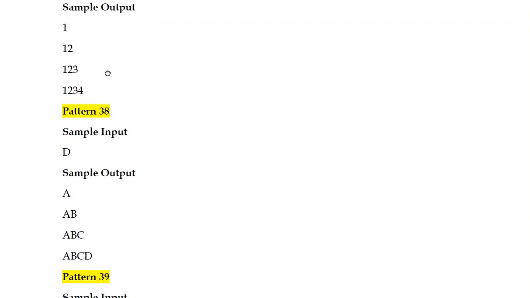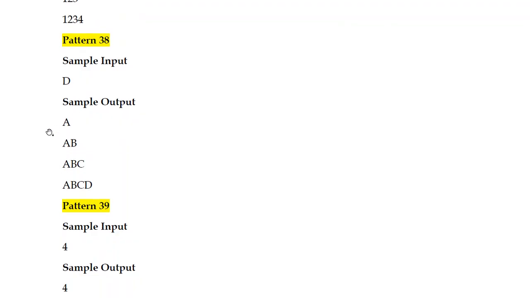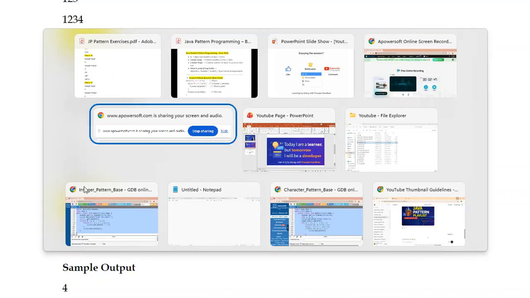Similarly, in alphabets you can represent this as the A row, B row, C row, and then D row. The A row means only one character is printed, the B row means 2 times, the C row means 3 times, and the fourth row, the D row, means we print 4 characters: A B C D. That is as usual.